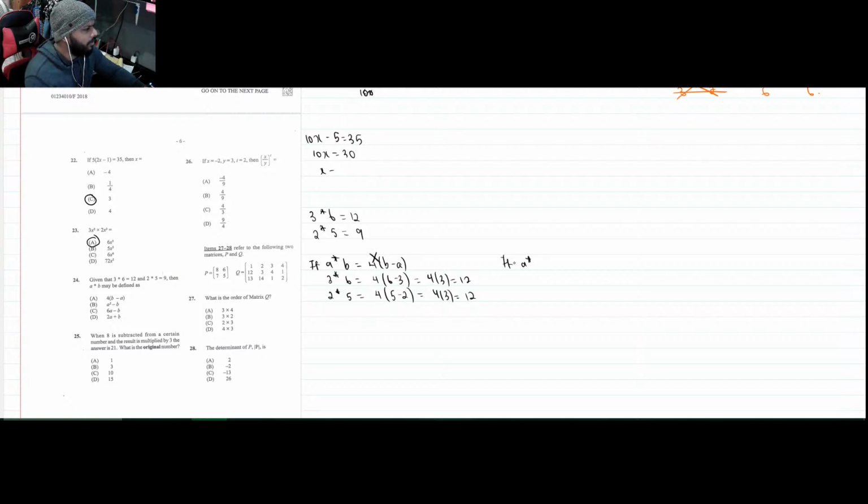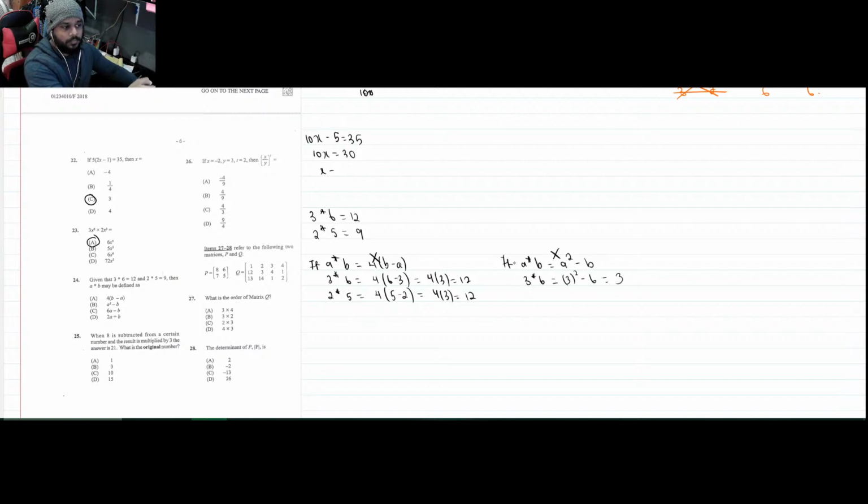If a star b is equal to, and I'm assuming, a squared minus b, then 3 star 6 is equal to 3 squared minus 6. That is 9 minus 6, that is 3. So this is wrong, because 3 star 6 is supposed to be 12.